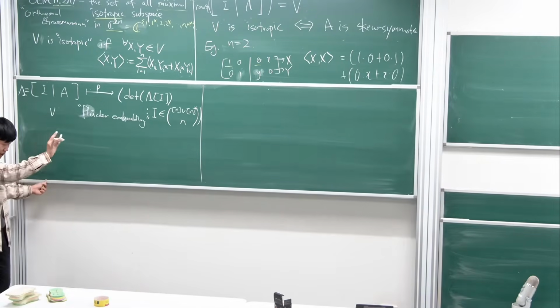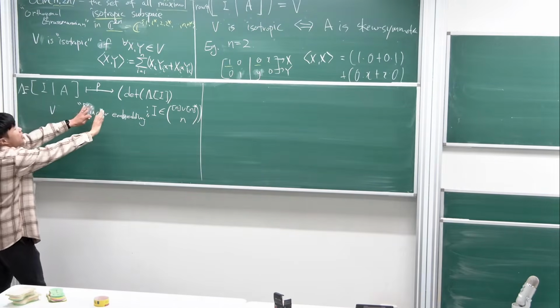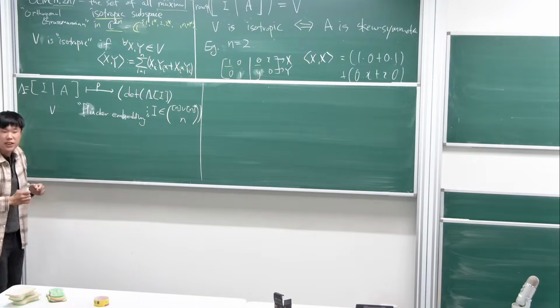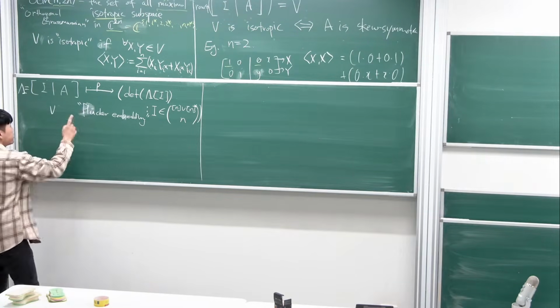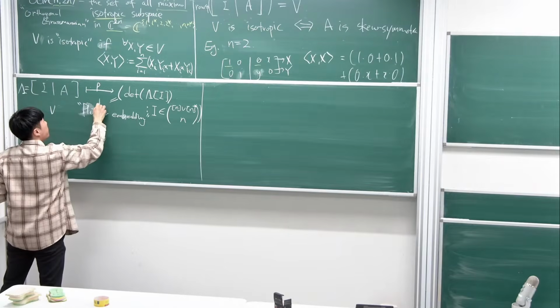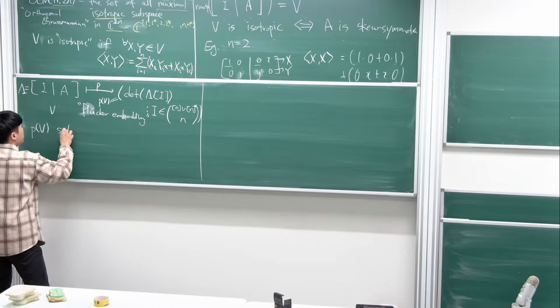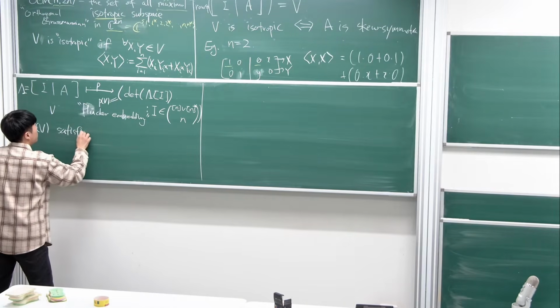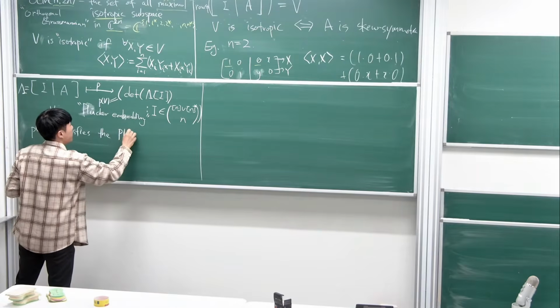And one very interesting fact is that this vector satisfies a good relation, which is called the Plücker relation. I will denote this by P_V. Then P_V satisfies a certain quadratic relation, which is called the Plücker relation.